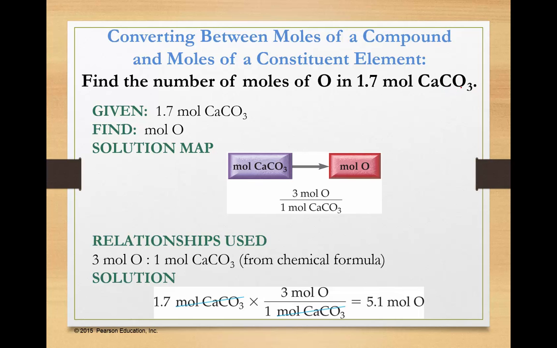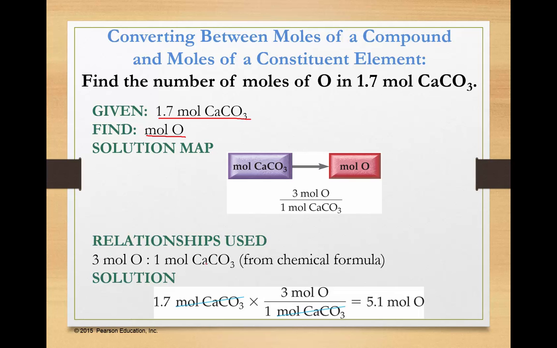How many legs does he have? If legs are oxygen, he's got 3 legs. So I use my ratio. I start with my 1.7 moles of calcium carbonate. I'm looking for number of moles of oxygens. So I have 1.7 spiders. How many legs do I have? Ratio is 3 to 1.